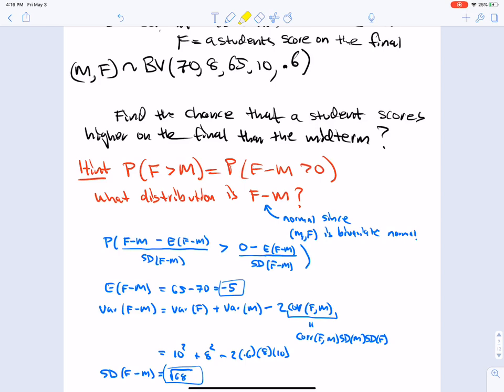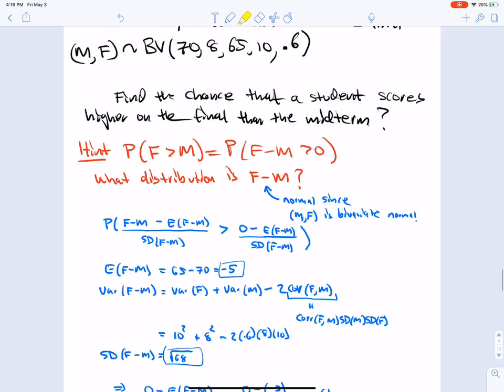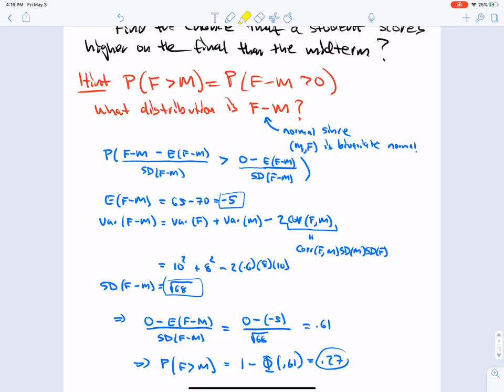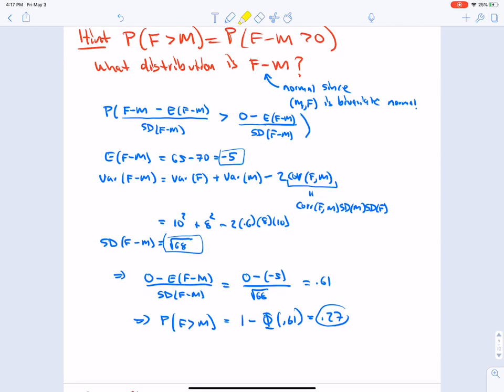We can find the expectation and variance of F - M. We'll show the expectation is -5 and the variance is 68. Then I'm just finding the probability that a Normal(-5, 68) random variable is greater than 0, and that is 1 - Phi(0.61), or 27%.